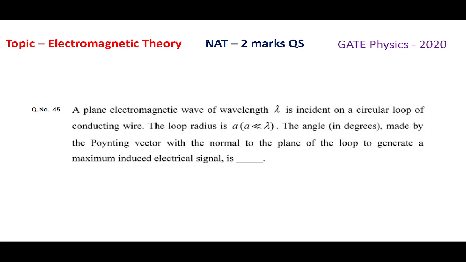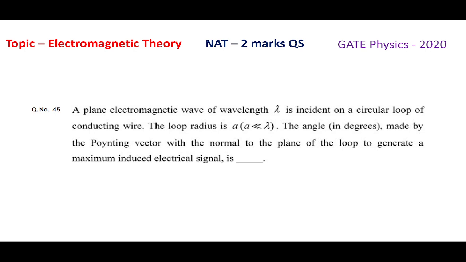Along the radial direction? Not radial direction. It should lie in the XY plane, normal to the E field and the B vector as well, right? It should be perpendicular to the E field and B field. Your B is along the Z direction, E is in the XY plane, so E cross B will also be in the XY plane, but normal to the electric field.